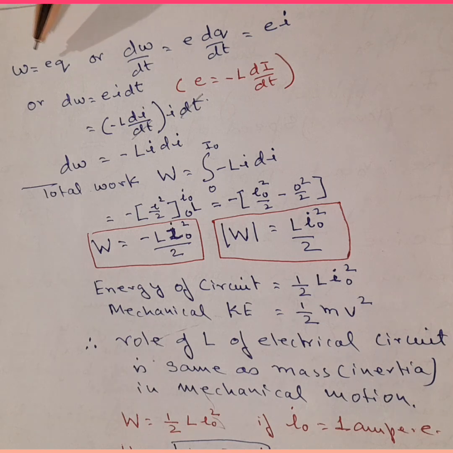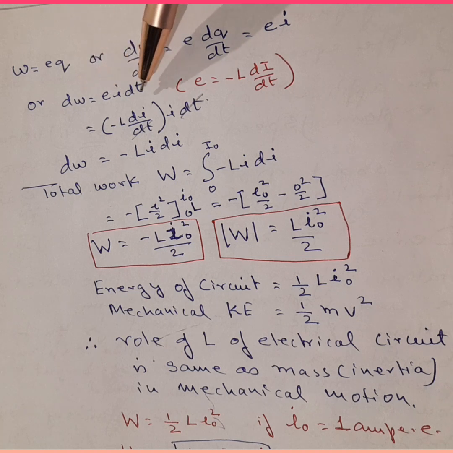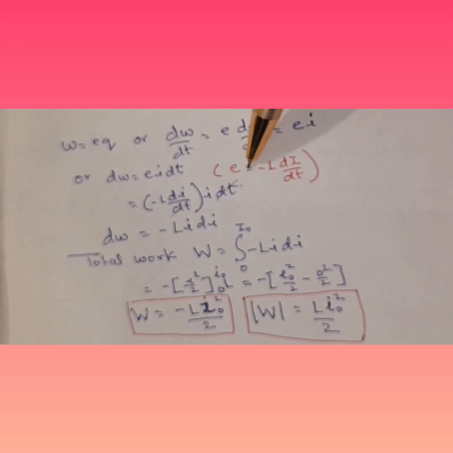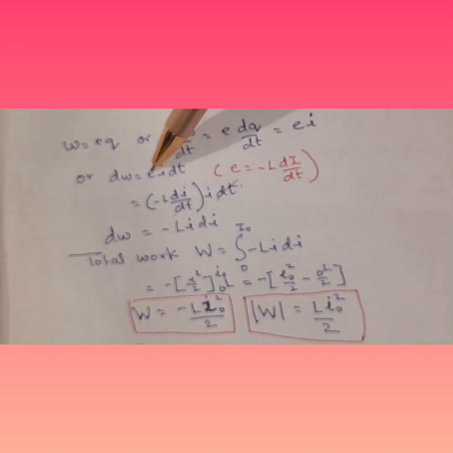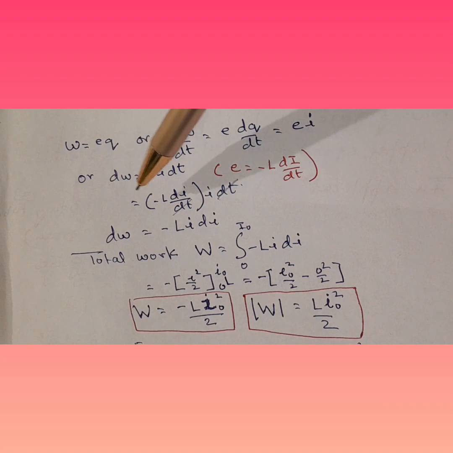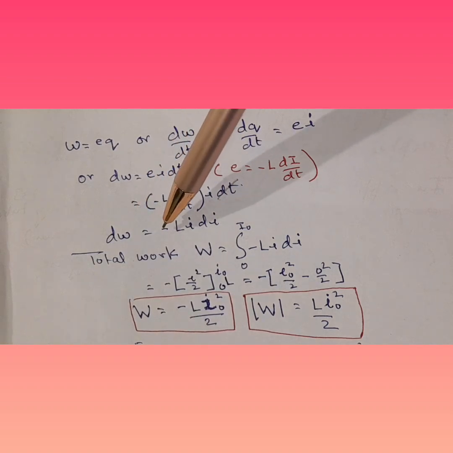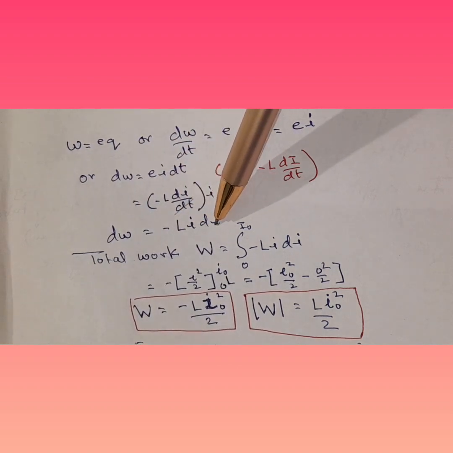So we substitute that. Instead of E, we put in minus L di by dt, and we also have I dt over here. Dt gets cancelled. So dW gets the formula of minus Li di.